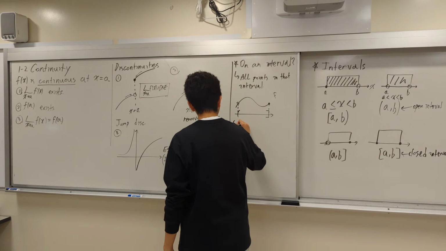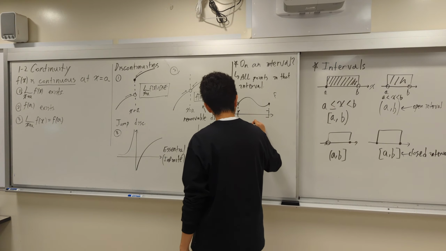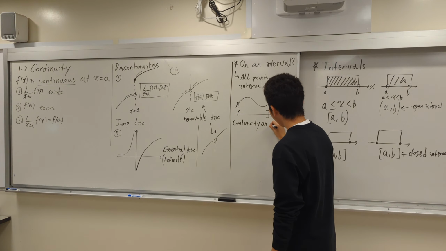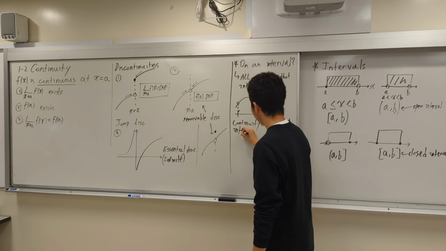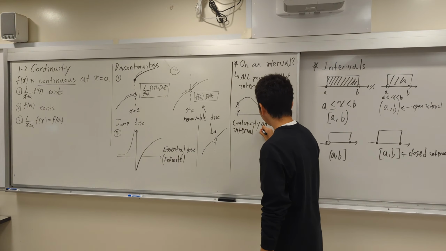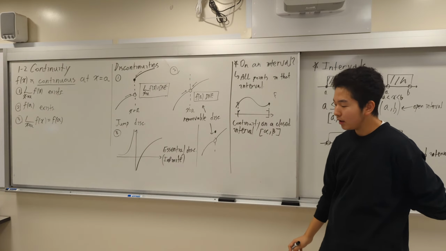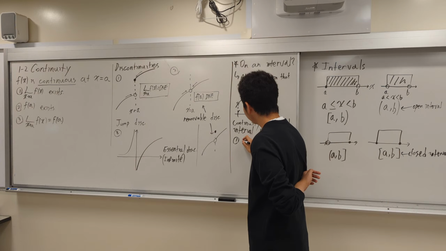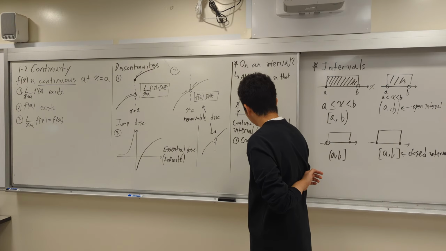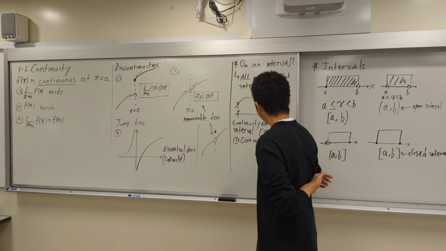So continuity on a closed interval works like this, okay? Let's say alpha, beta, closed. Number one, we have to make sure that the function is continuous on the open interval.